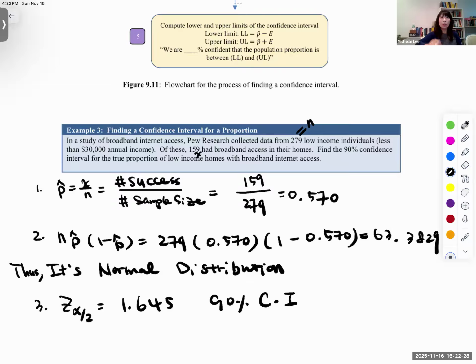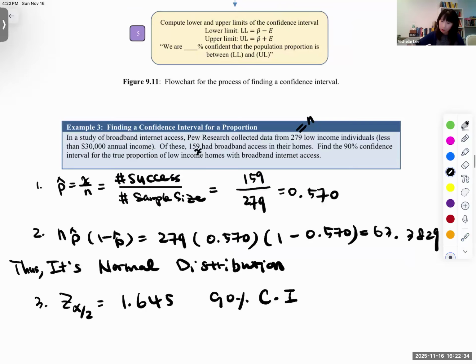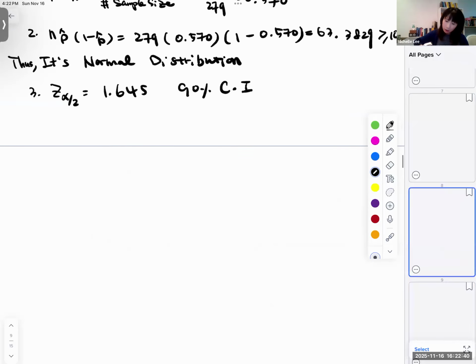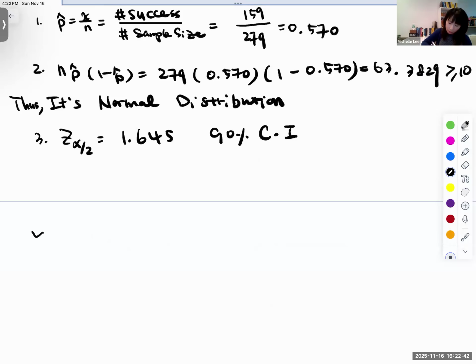All right. Then step 4, margin of error. So I need a space, right? So let me make a space here. Margin of error, which is z sub alpha over 2 times the square root of p hat times 1 minus p hat over n.